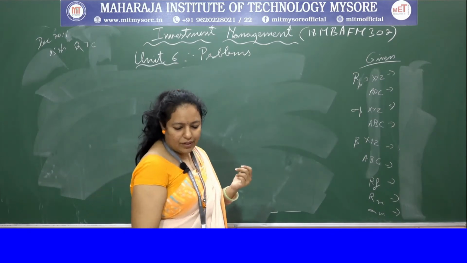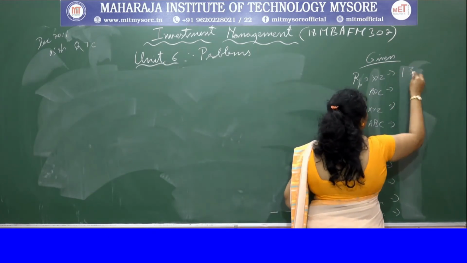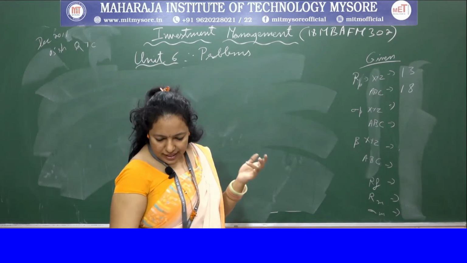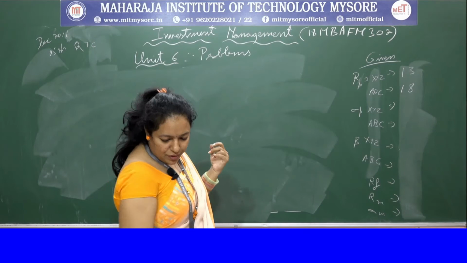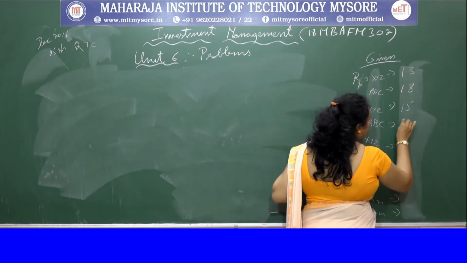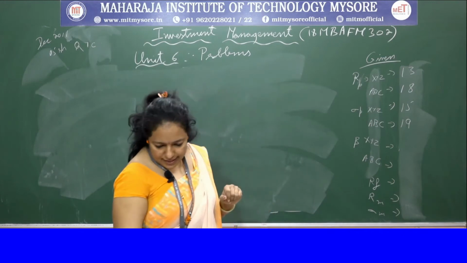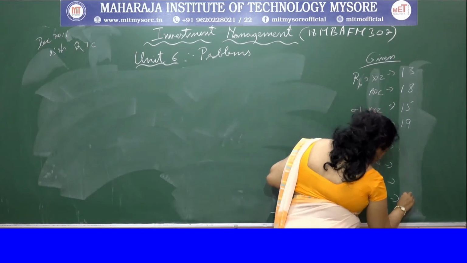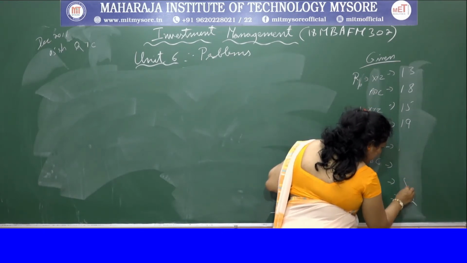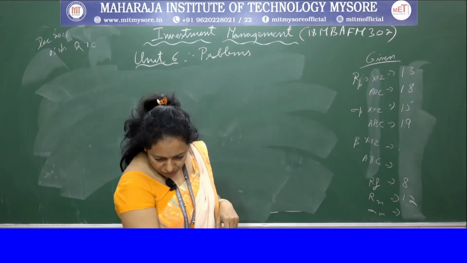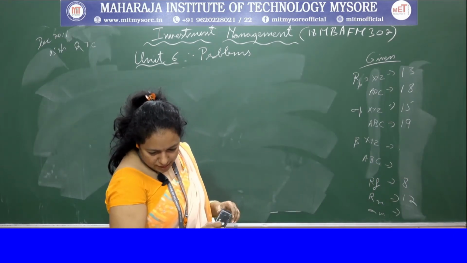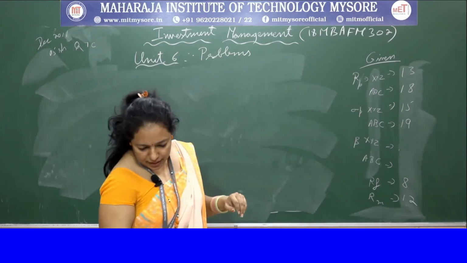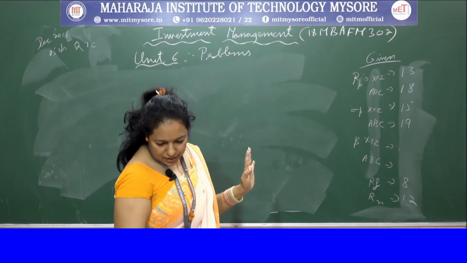XYZ and ABC have a sample mean of 13 and 18. Next, they are saying beta, which we will do at the end. Standard deviation they are saying is 15 and 19. Then they are saying that the mean return of market index is 12 and risk-free rate is 8. They have not given the standard deviation of the market. They have given only return, which we have written 12, and risk-free rate they have given 8.